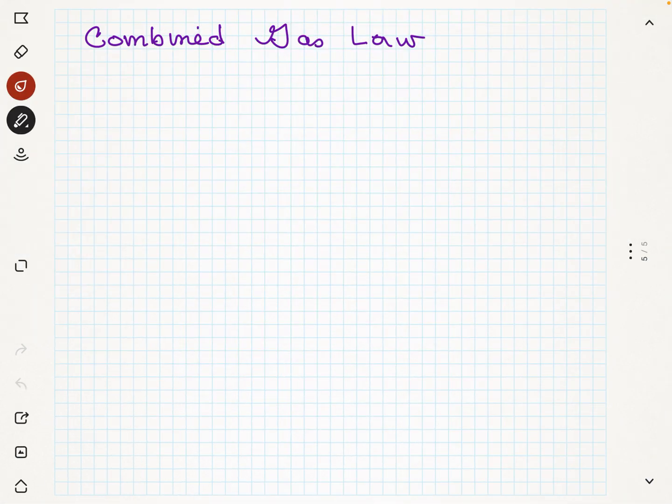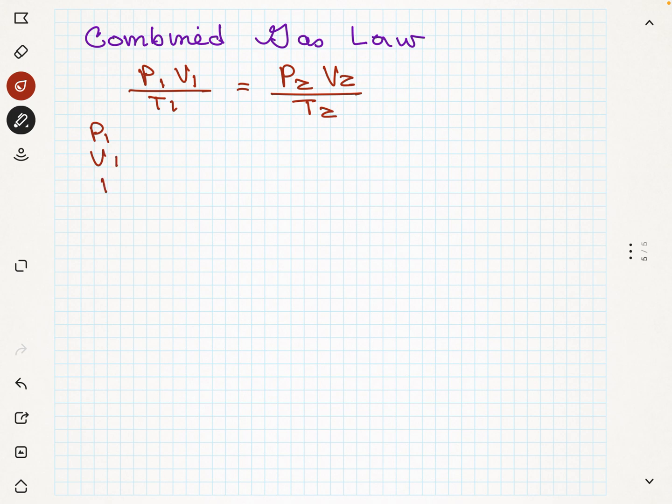Now we're going to use the combined gas law, which puts all of these variables together. These aren't hard to solve. You just have to make sure that you're rearranging carefully, you're including your units, and that you've identified and labeled everything appropriately. I always start these by doing P1, V1, T1. You can do those in any order you want.